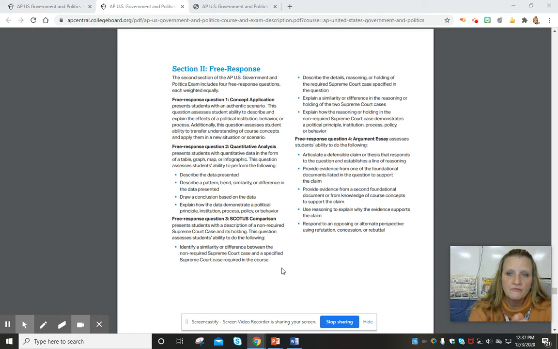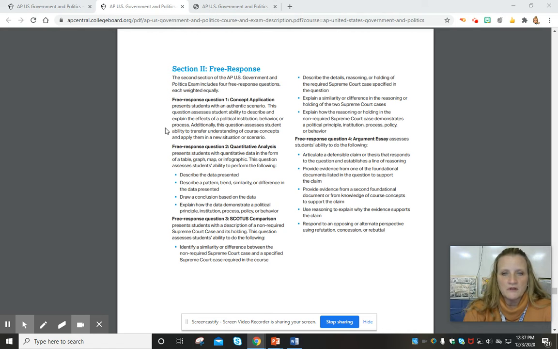Okay. All right. It says describe the details, reasoning, or holding of the required Supreme Court case specified in the question. And then explain a similarity or difference in the reasoning or holding in the two Supreme Court cases. So, like I said, it gives you a case that we've read, which we'll be reading, Tinker.